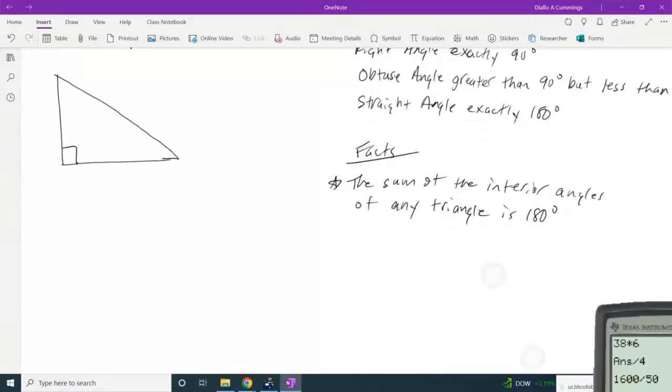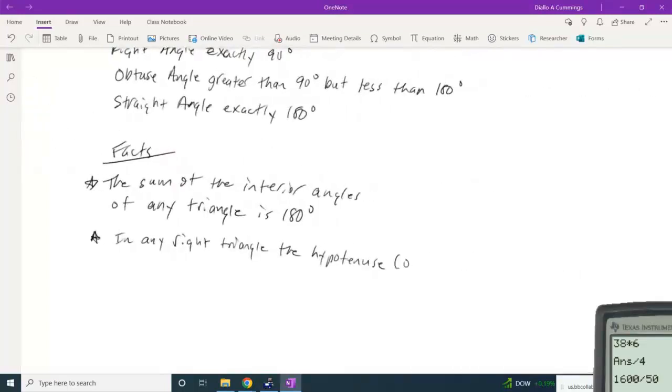When you're dealing with a right triangle, in any right triangle, the hypotenuse is the side opposite the right angle, and it is the longest side.